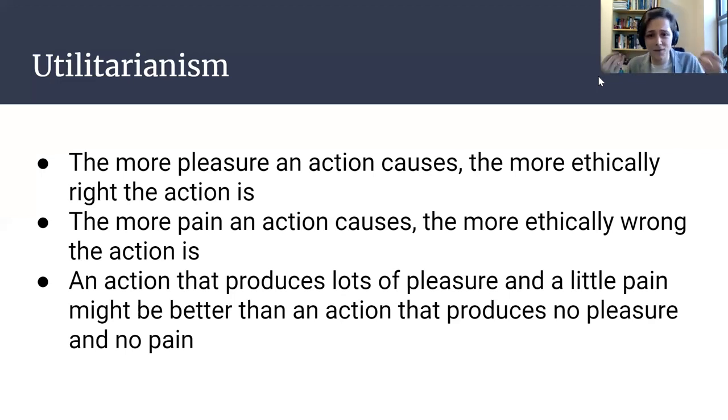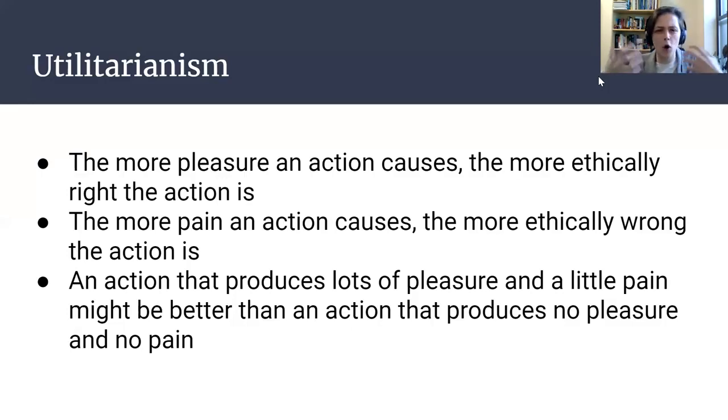And so if you have a choice between watching a movie with your friends or being kicked in the shin, you'll choose watching the movie with your friends. And if you can choose between sending someone off to watch a movie with their friends or kicking them in the shin, morally speaking, the better thing to do is to send them off to watch a movie with their friends.